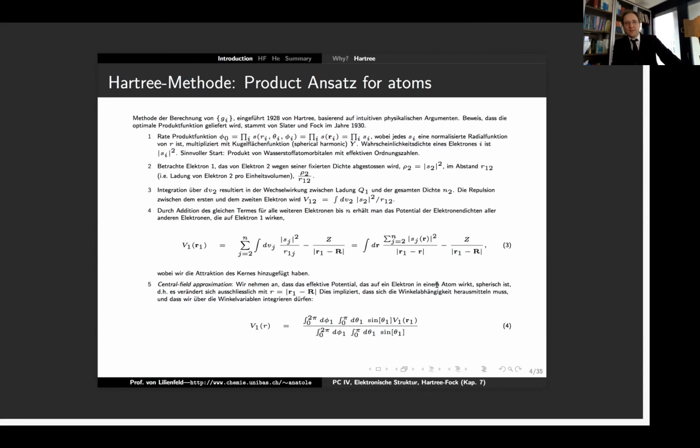And so this means you can average out the angular dependency. In your S here, which still contains your spherical harmonics, that drops out, and so your integration changes from spherical to radial coordinates. Your integration then changes like this.